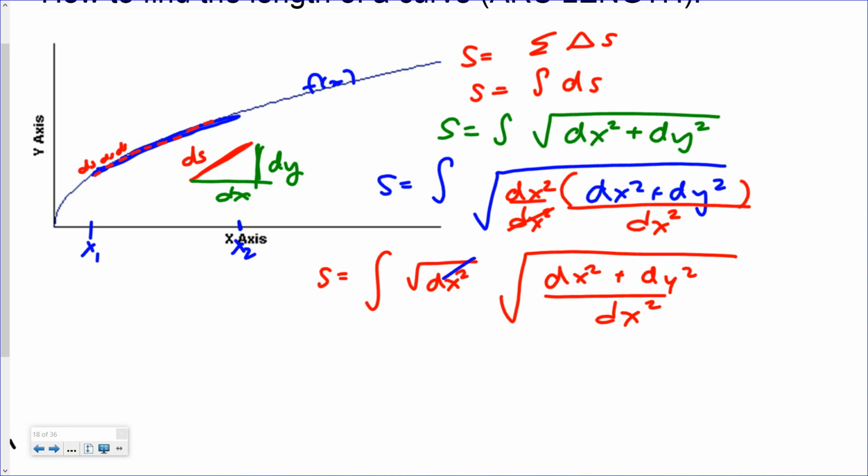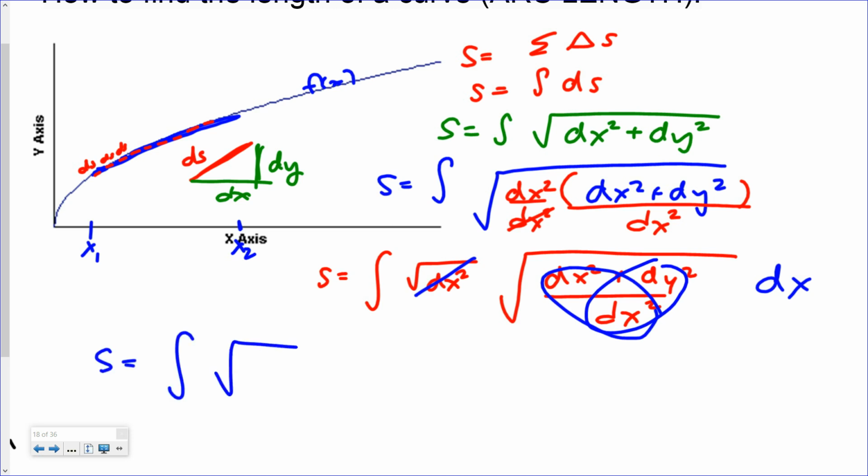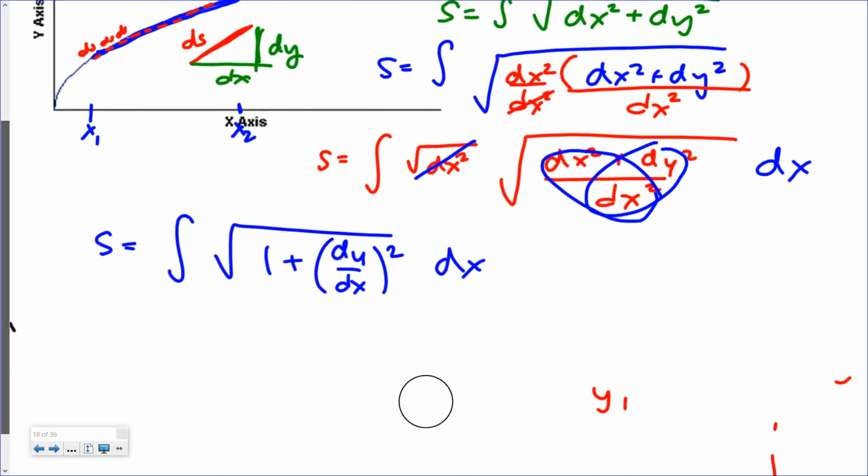Isn't that just dx? Well, there's my dx, and I'm developing my integral. And what is this really? Well, if I do the I heart math and math hearts me, that becomes the square root of 1 plus dy over dx squared, dx. And that should be the formula that's on your formula sheet. Oh, it's not? Okay. Well, what do you think I need to do to make it look more like it?